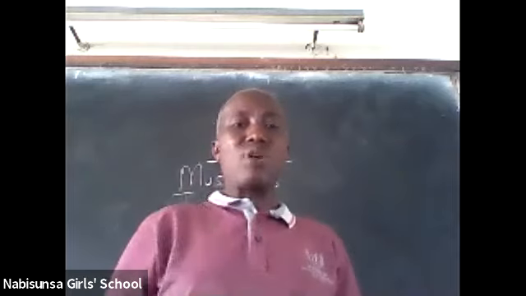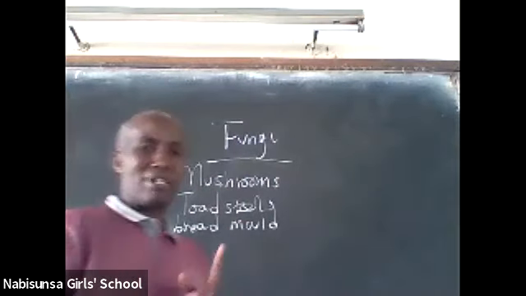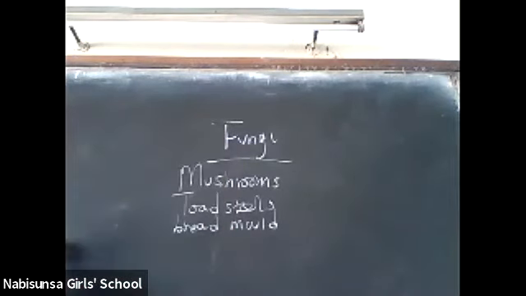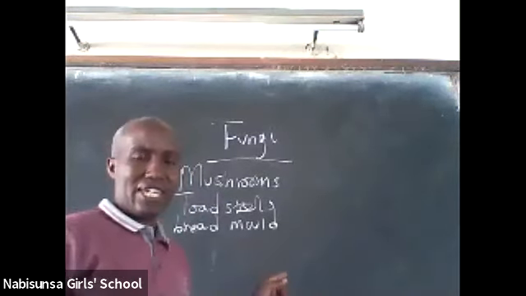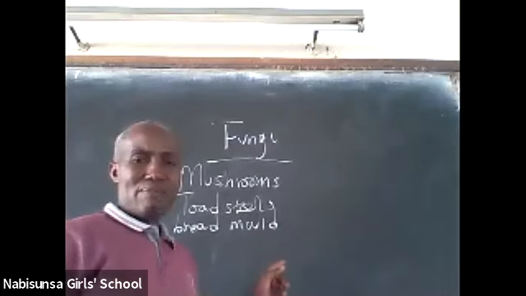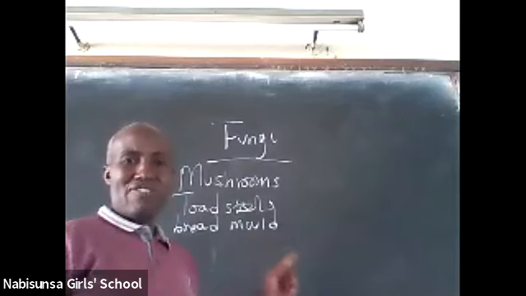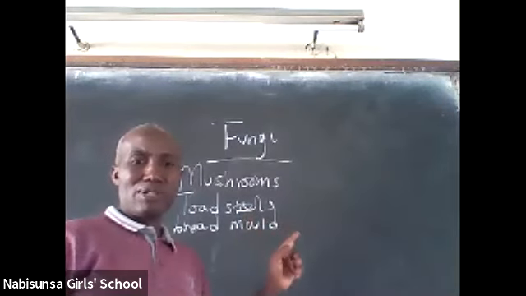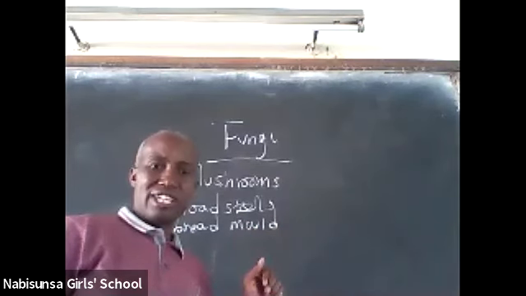Someone is also giving moss. That one is not okay. Mosses are not fungi. The bracket fungi, that is okay. Bracket fungi, mushrooms, toadstools, yeast, puffballs, the bread mold, those ones are correct examples.